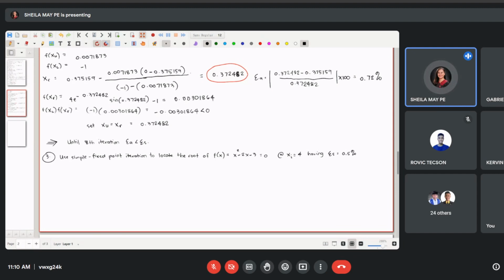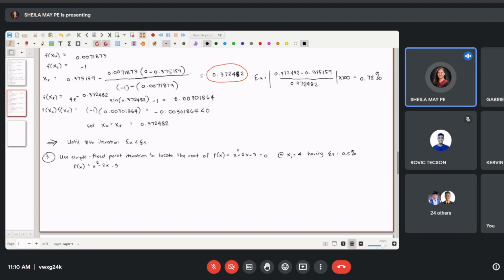Okay, now for the simple fixed point iteration, am I still audible? We need to simplify the function x squared minus 2x minus 3 into x, right? We have here f of x equals x squared minus 2x minus 3. There are two to three ways to get the x of this.